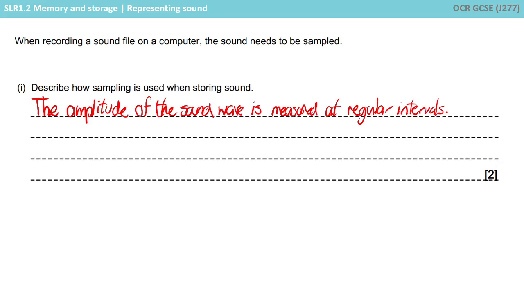You probably get 1 mark for that. These measurements are then stored as binary. There we go, 2 possible marks. Pause it, have a sip of coffee, then on to the next question.